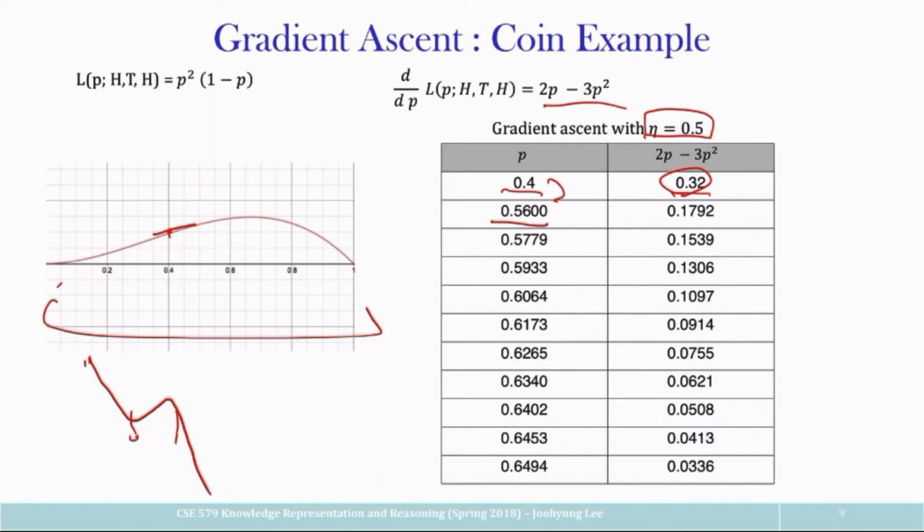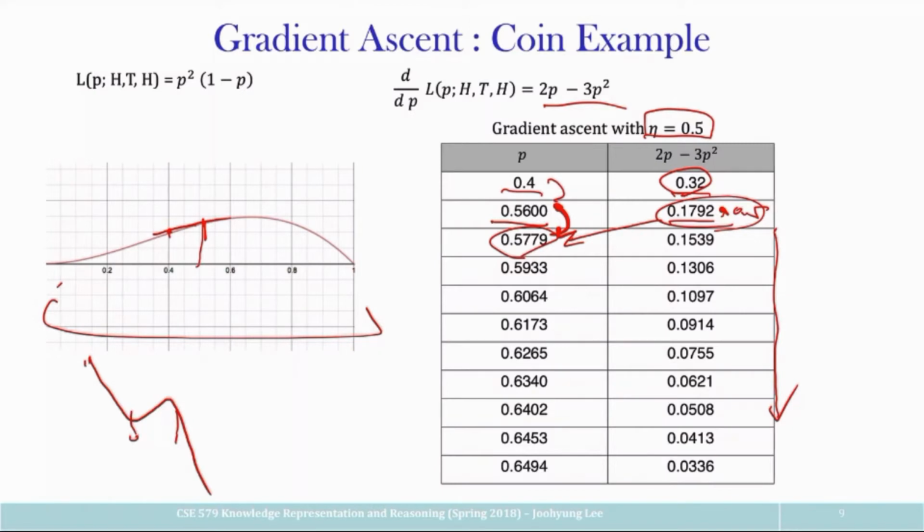And at 0.56, which is probably somewhere here, compute the gradient again, which is 0.1792. Multiply by 0.5 and add it to the previous value. So 0.5 times this value plus the previous value will give 0.57. And you repeat over and over again. As you see, the gradient goes down.